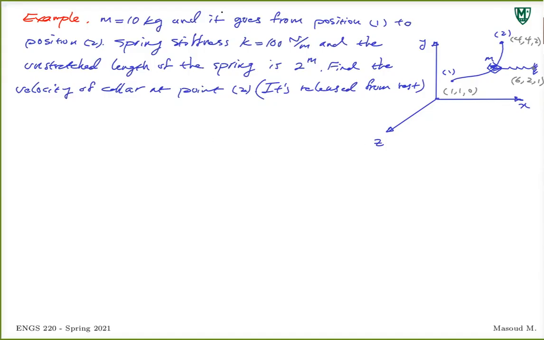All right. So I'm doing what I was doing before. Nothing surprising there. And U1 to 2, well, basically we have a spring and we have a mass changing its height. So we have two types: 1 to 2 due to gravity, and 1 to 2 due to the spring.